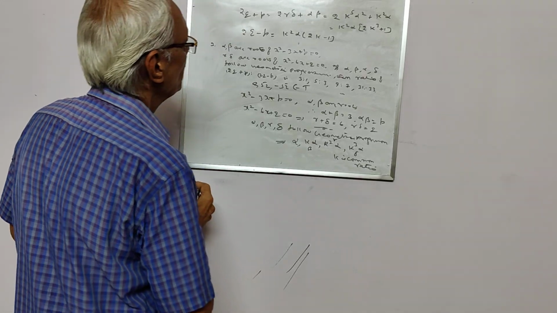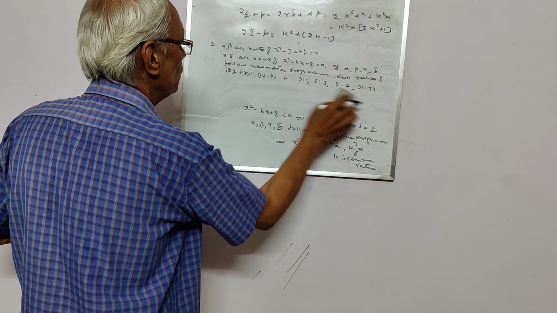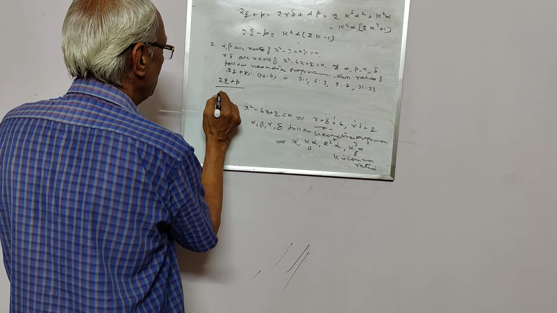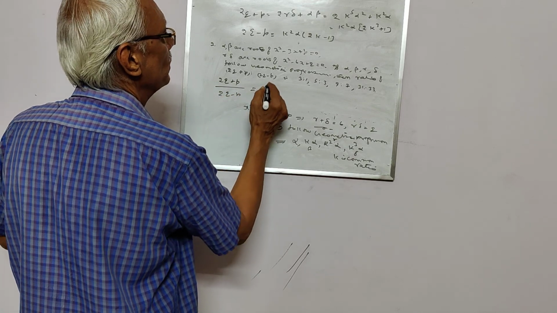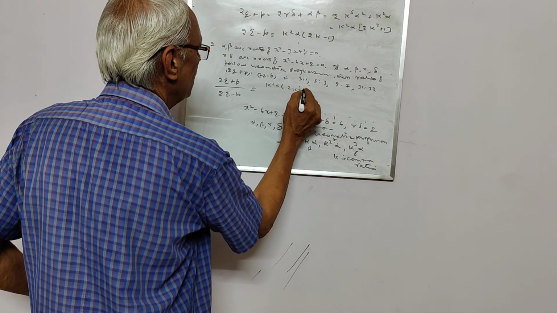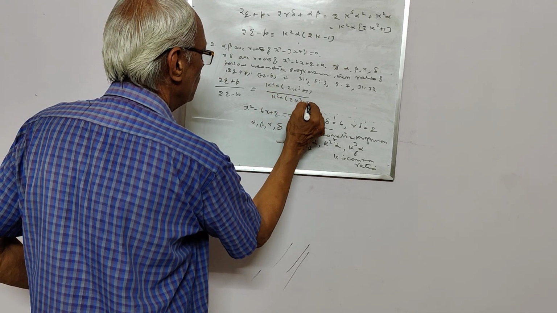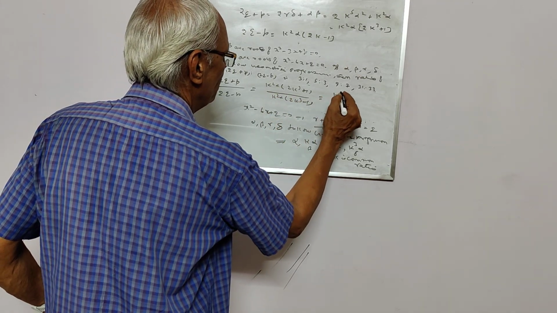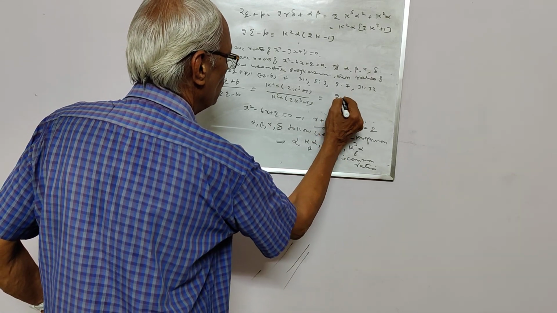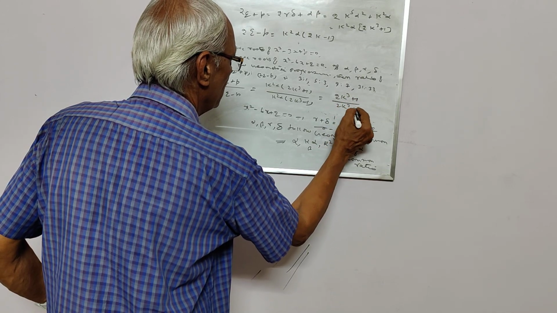So 2q plus p divided by 2q minus p will be equal to k squared alpha into 2k cubed plus 1 divided by k squared alpha into 2k cubed minus 1. So k squared alpha cancels, and it is 2k cubed plus 1 divided by 2k cubed minus 1.